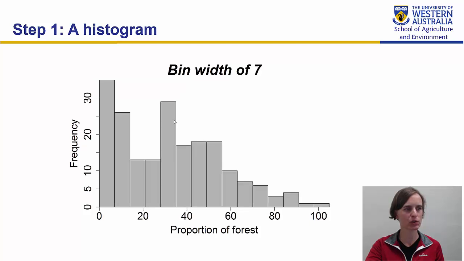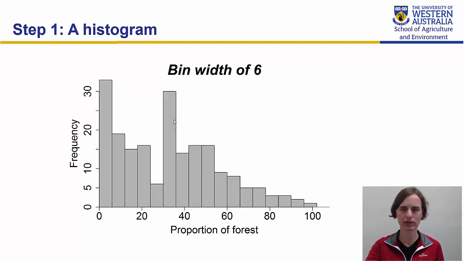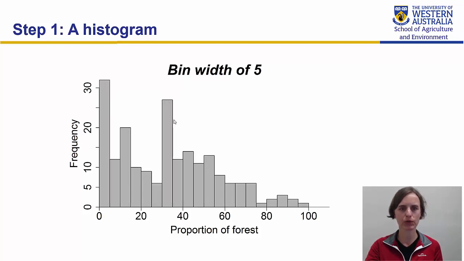So I'll walk through that. Bin width of 7, 6, 5. Oh, you're starting to see something interesting here now. There's a little spike here of countries with a high proportion of forest. And there continues to be a spike in this area here.